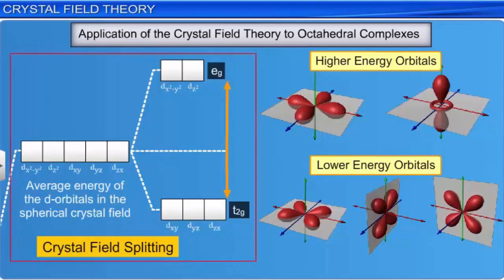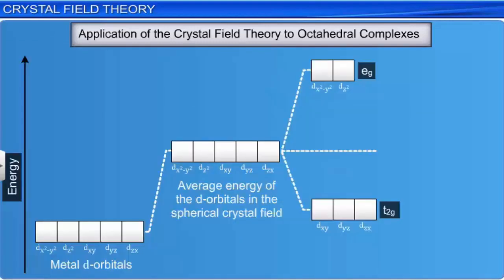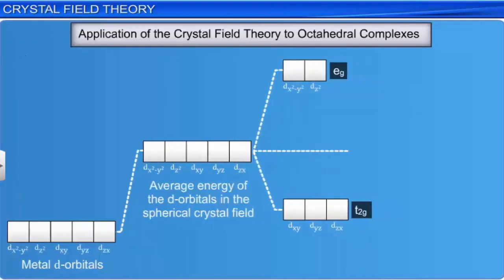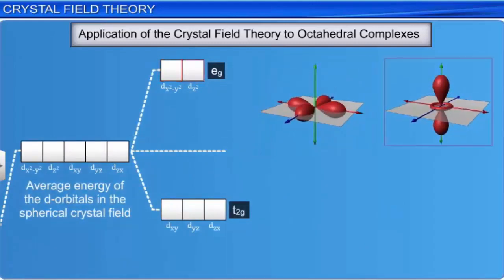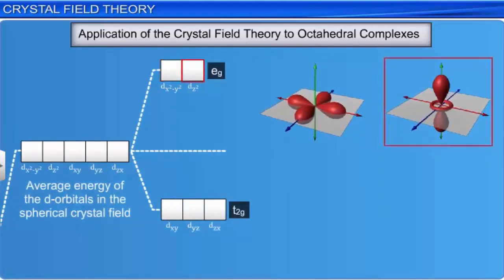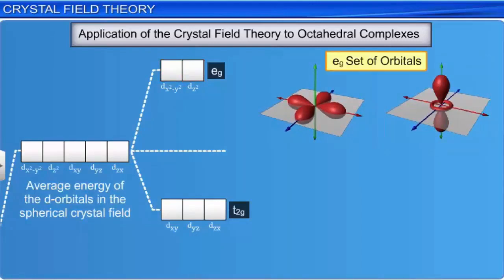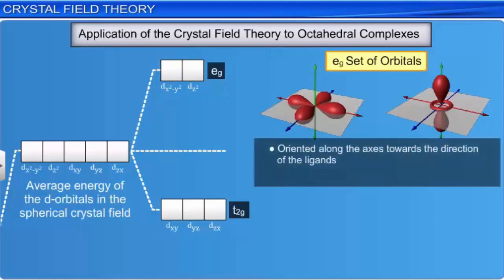Up to this point, the complex formation would not be favored. However, when the ligands approach further, there will be an attraction between the negatively charged electrons and the positively charged metal ions that results in a net decrease in energy. This decrease in energy is the driving force for the complex formation.